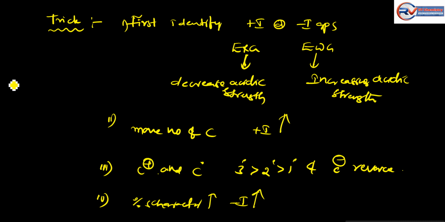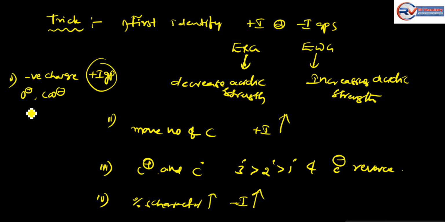Next one: if a group has a negative charge, it is a plus inductive effect group. For example, O minus, COO minus, where the negative charge is present, that group belongs to plus inductive effect groups.